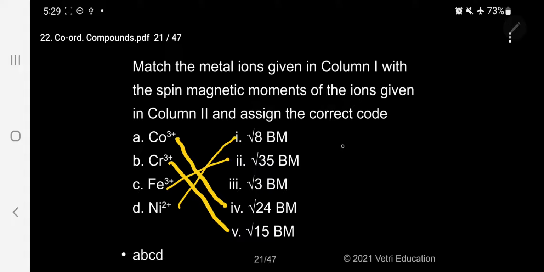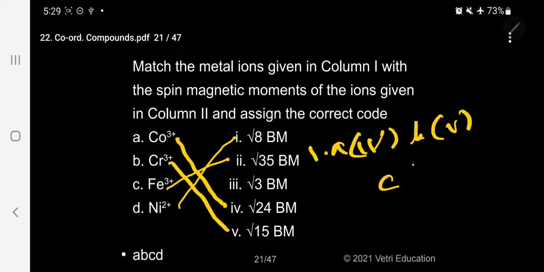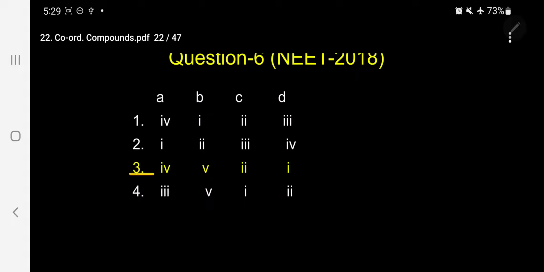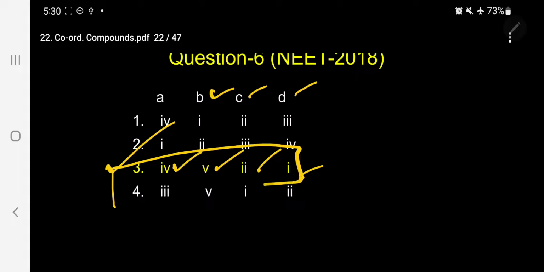A is 4, B is actually 5, C is actually 2, and D is actually 1. So let me go to the options. Here it is the correct answer, option 3. That means A4, B5, C2, D1. This is the correct answer.